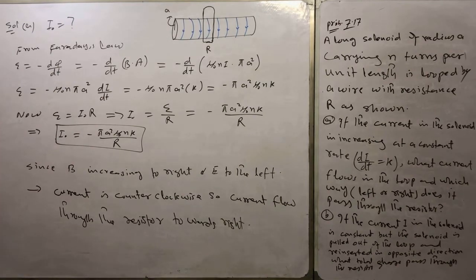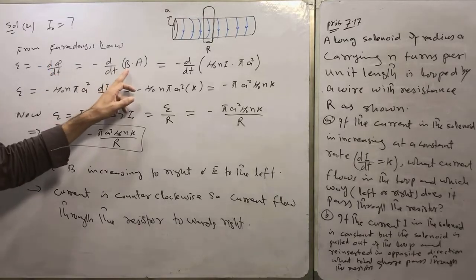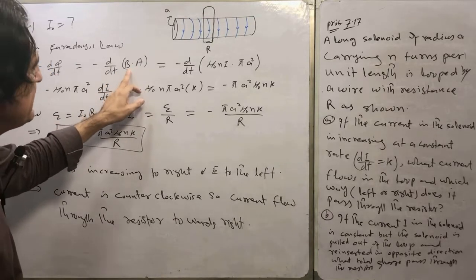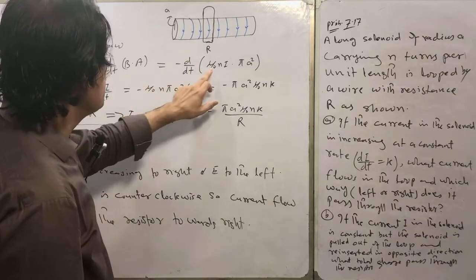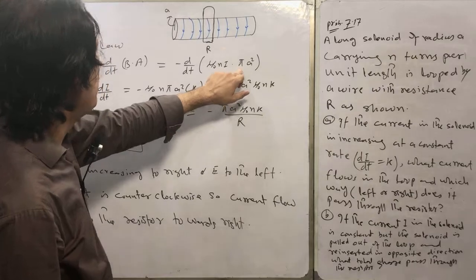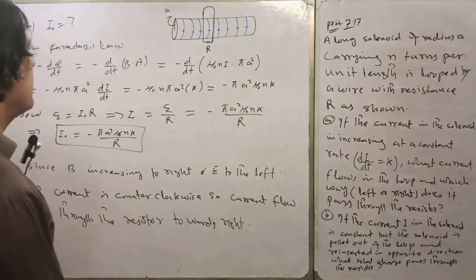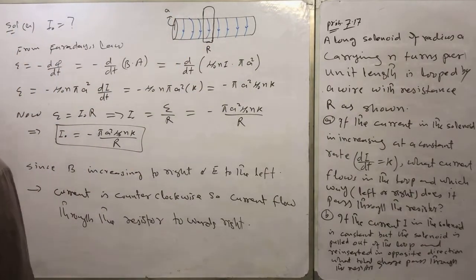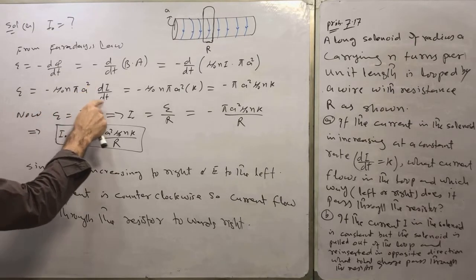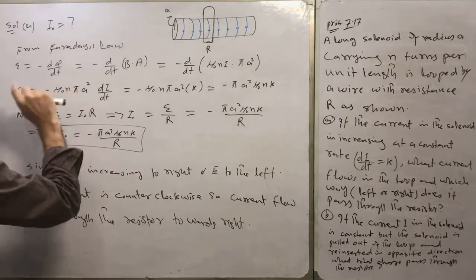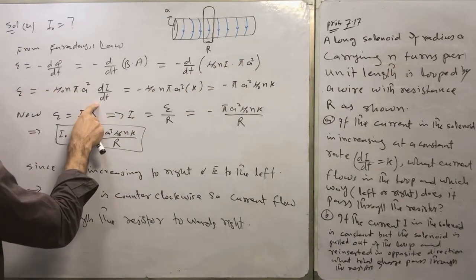Then from Faraday's law, the EMF E is equal to minus d phi divided by dt, and phi is equal to the integral of B dot dA, and B is the magnetic field of the solenoid, which is equal to mu naught n I, and the area is pi a square. Then E is equal to minus mu naught n pi a square dI divided by dt. All these things are constant, and dI divided by dt.